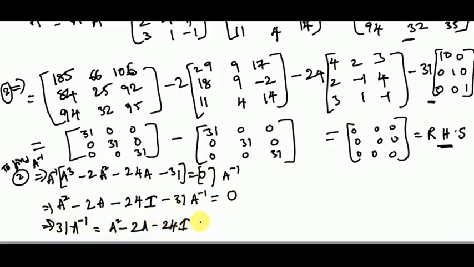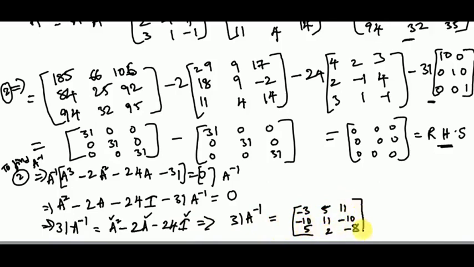Put all the terms again here for A square, A and I. Substitute them and simplify. You will get 31 into A inverse equals minus 3, 5, 11, minus 10, 11, minus 10, 5, 2, minus 8.